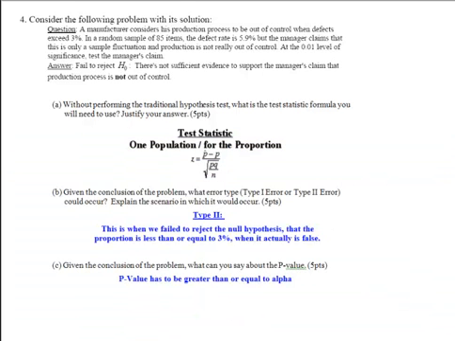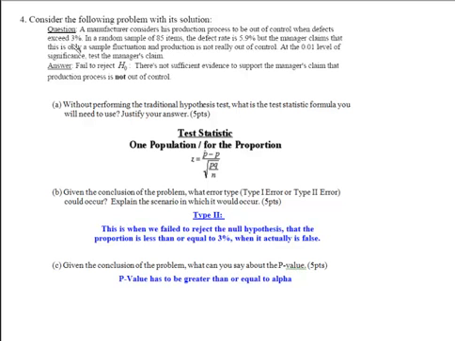Part of the steps that you'll need to take when you're doing these problems in the exam is to figure out what your problem is asking for. In this case, testing the manager's claim that the sample fluctuation is not really out of control.